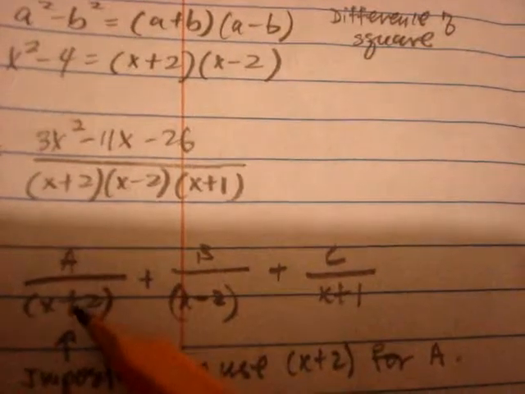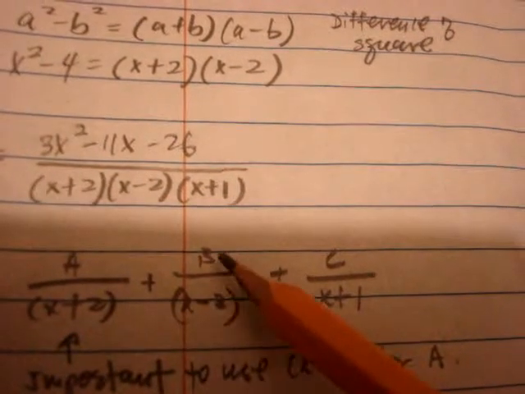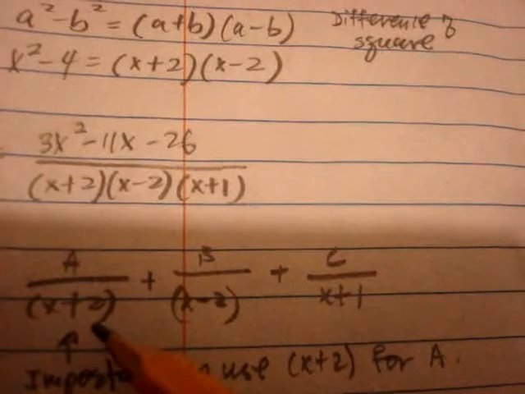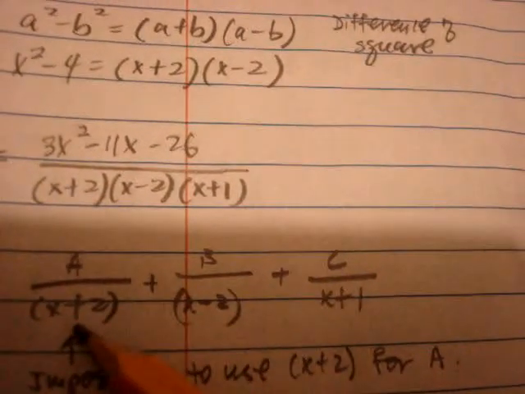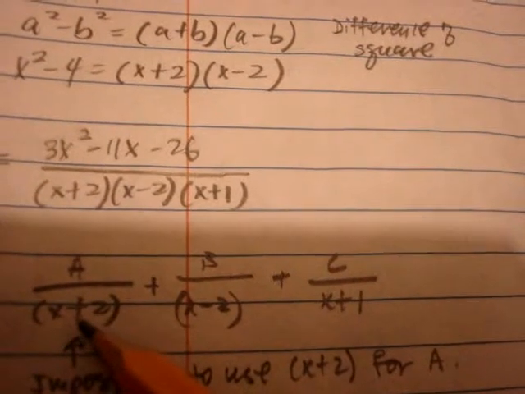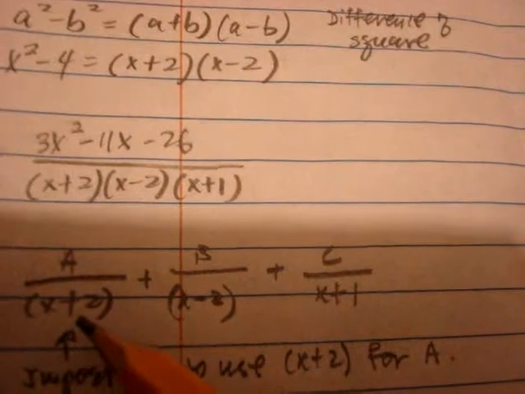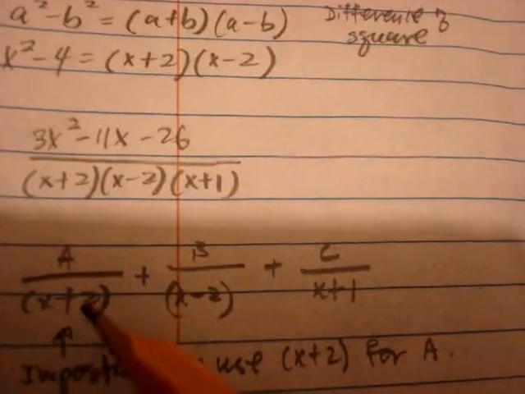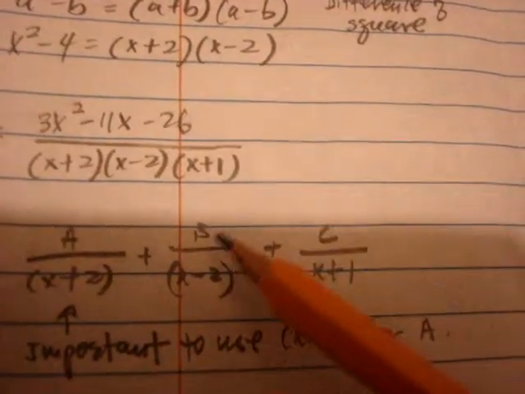So you have to make sure you put x plus 2 for the A and x minus 2 for the B. Because if you put x minus 2 for the A right here, when you try to solve the problem, it's not going to go very smoothly. So make sure you put x plus 2 according to the difference of squares formula.